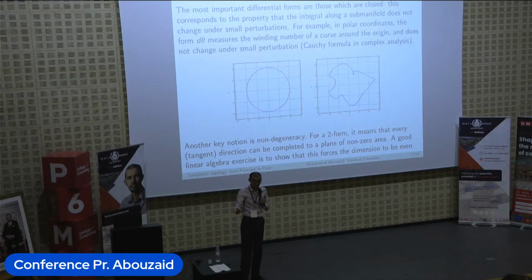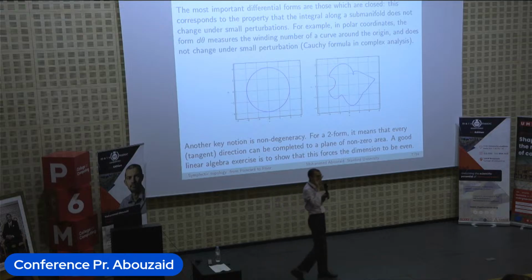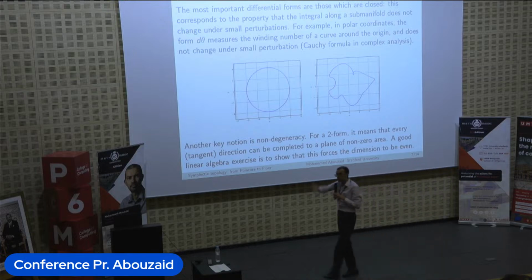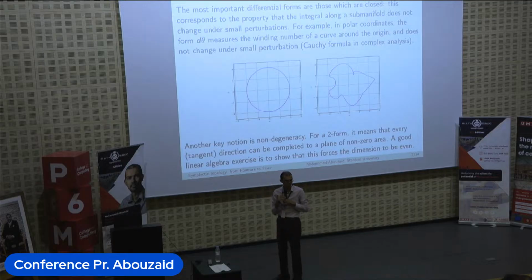That's actually very easy because you need a dx1 and a dx2. But the real thing that I'm saying is that there is none in 3 dimensions. If you pick something in 3 dimensions, there will always be one direction along which, if you try to perform this procedure, you will always get 0. You take this one direction, you pair it with anything else, you'll always get 0. So that's a linear algebra exercise.